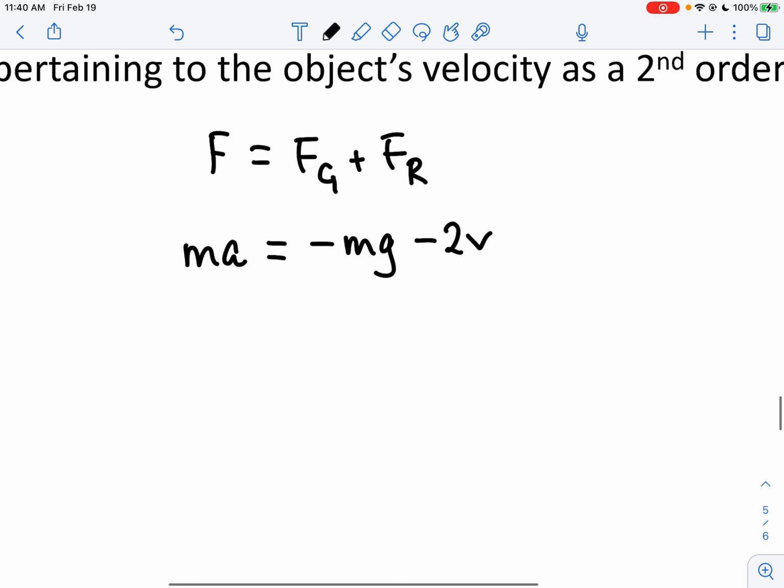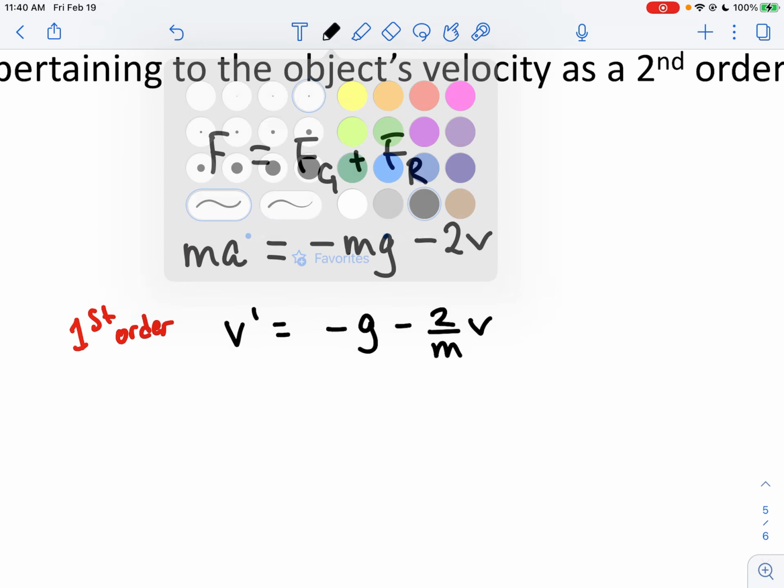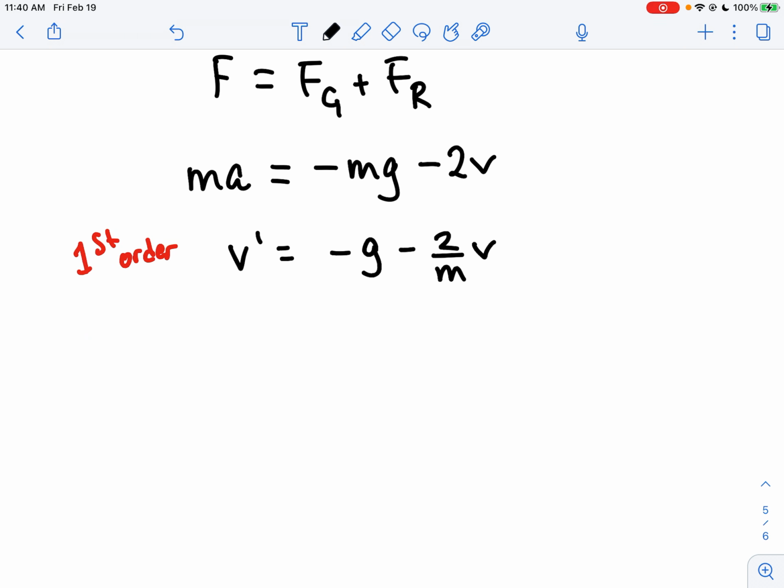Then the next thing we did is we rewrote a as v prime and divided everything by m. So we wound up with this differential equation that we had to solve, and this is a first order. But keep in mind that velocity is the derivative of position.